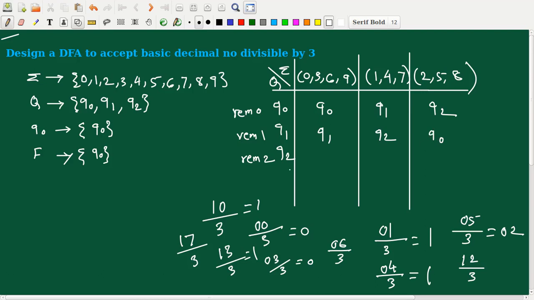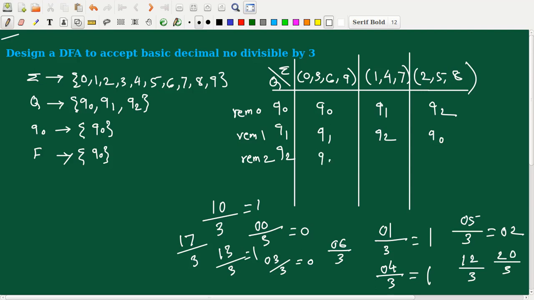Then next, we'll provide inputs to q2. If we provide input to q2, that is any one representative value out of the first set. Suppose q2 is already 2, and I provide input 0 to it, it becomes 20 divided by 3, which gives me a remainder 2.